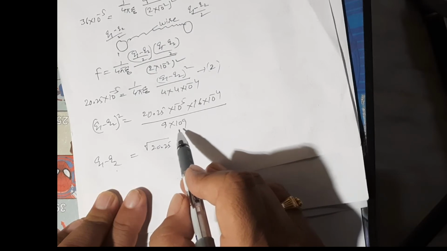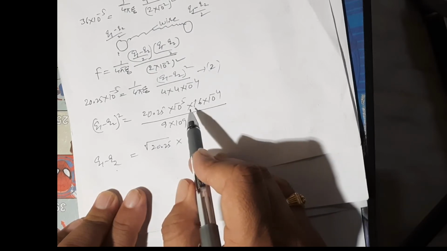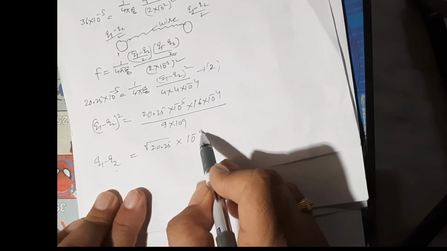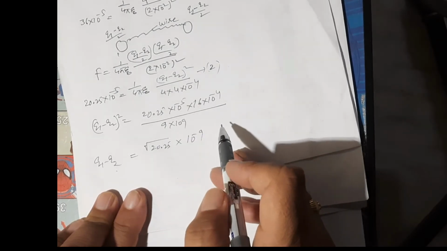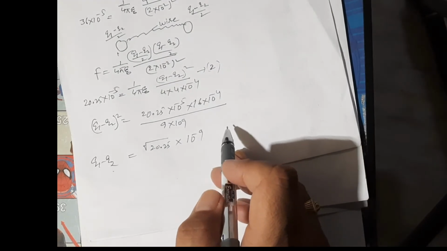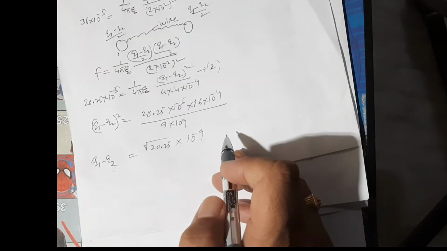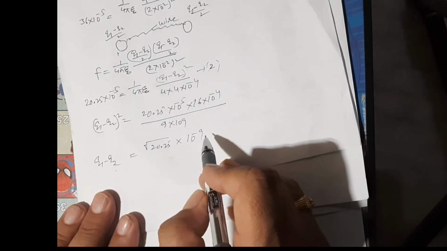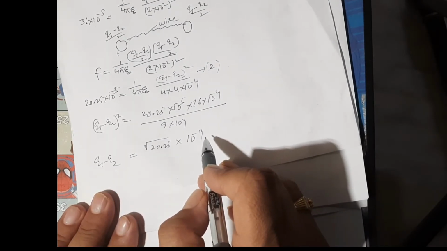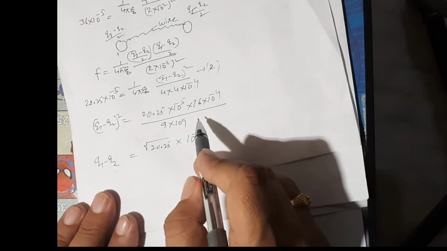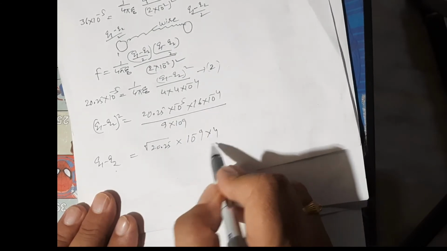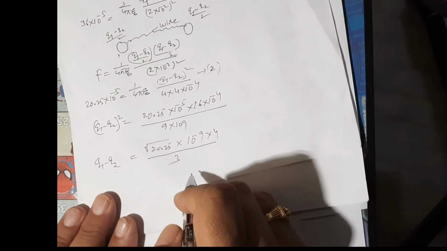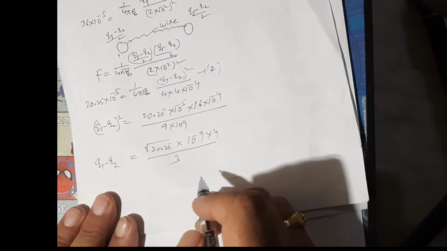So bring this 10 to the power of 9 to the numerator. That means we write 10 to the power of minus 9. That means 10 to the power of minus 18. 10 to the power of minus 18 is written as 10 to the power of minus 9 whole square. Square root cancels. Right, into 16. What is the square root of 16? That is equal to 4. And what is the square root of 9? Square root of 9 is 3.